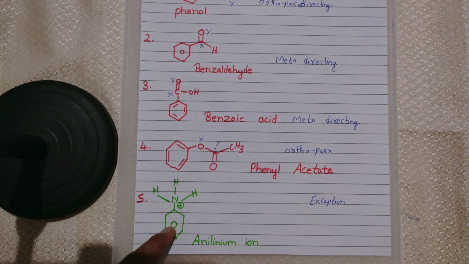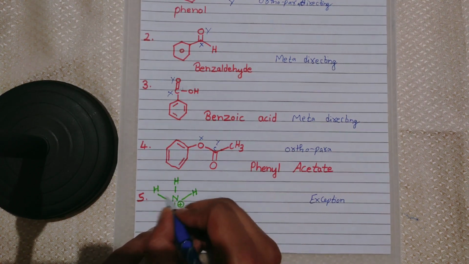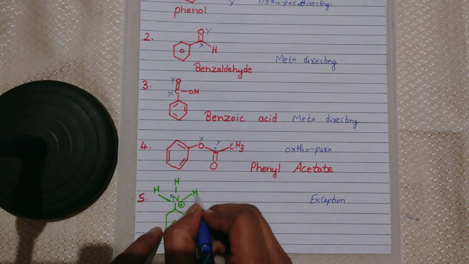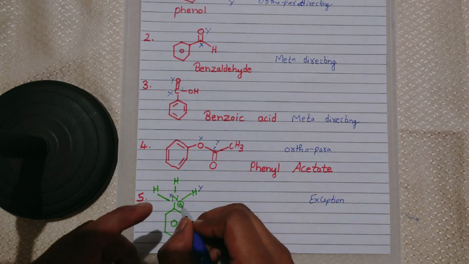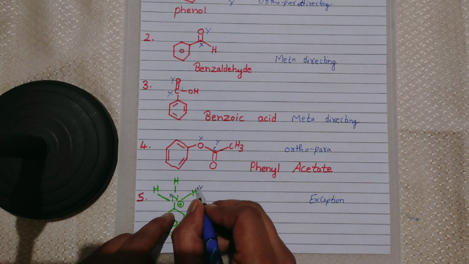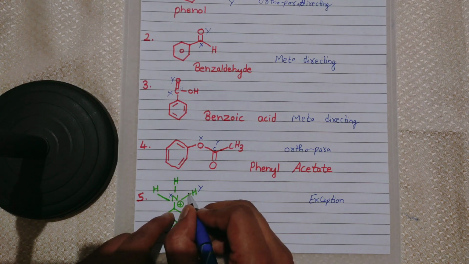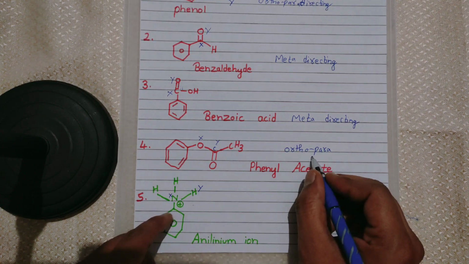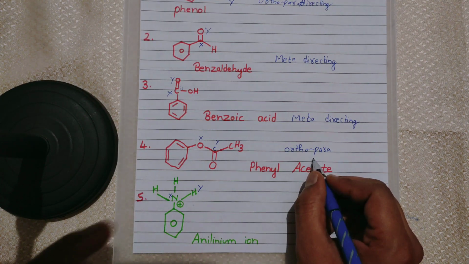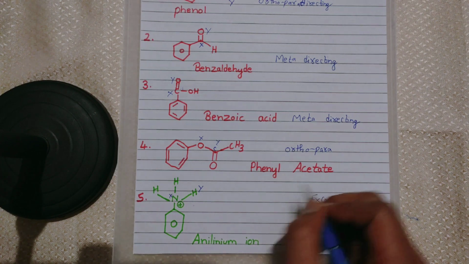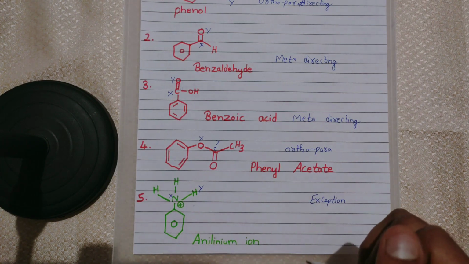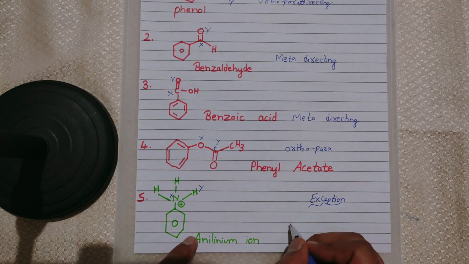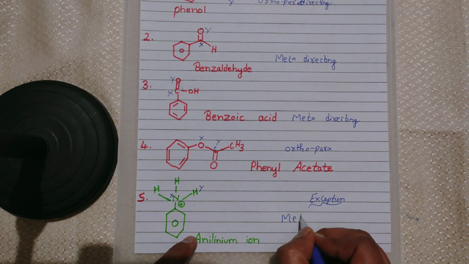If you look at the anilinium ion, this is your X, and you can consider any of the hydrogen atoms as Y. If the bond between X and Y is single, then the answer would be ortho-para directing, but as this is an exception, the answer here is meta-directing. This is the only exception in the whole trick. So the anilinium ion is meta-directing.